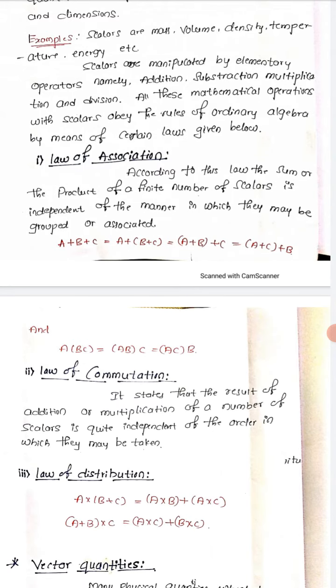For example, a + b + c = a + (b + c) = (a + c) + b, and a(bc) = (ab)c = (ac)b. This is called the law of association.